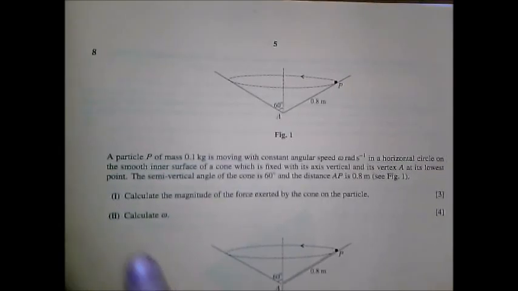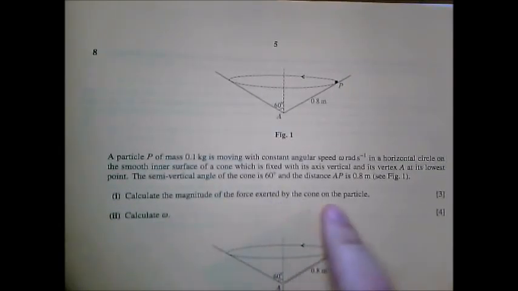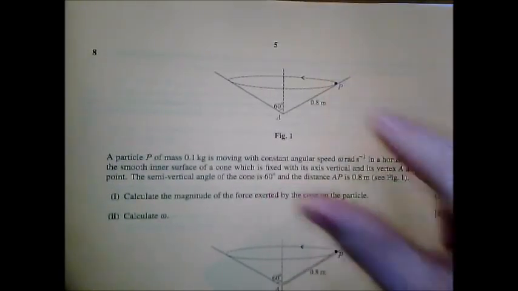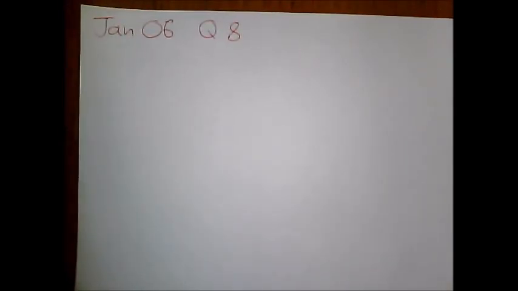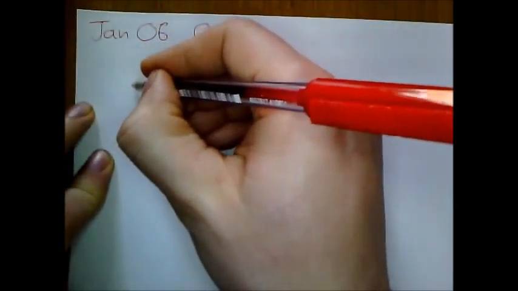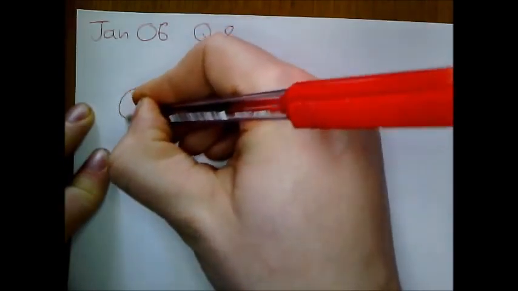Our first question asks us to calculate the magnitude of the force exerted by the cone on the particle. This is basically asking for the reaction force of the cone on P. With these kinds of questions involving 3D angular velocity, it always starts with the same thing: we want to draw a simplified force diagram of our particle.